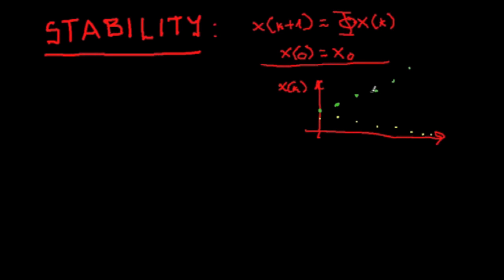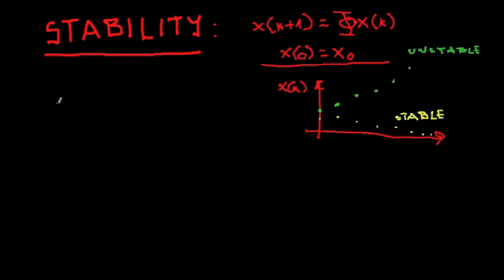In other words, for these green dots we say that the system is unstable, and contrary to it, for these yellows we say the system is stable, because the evolution of the system states converges to either 0 or to some fixed value. In this case, everything has to converge to 0 because this is just an LTI system, linear time invariant system dynamics. Therefore, how do we determine that?